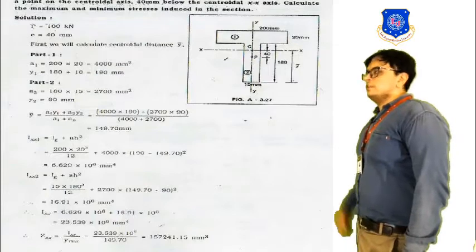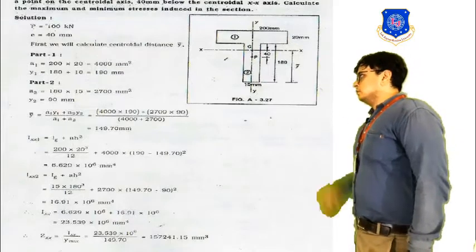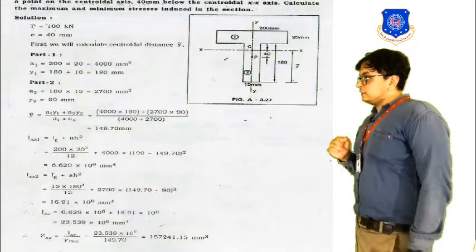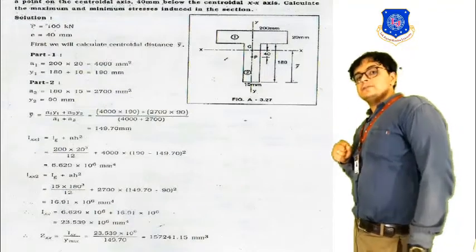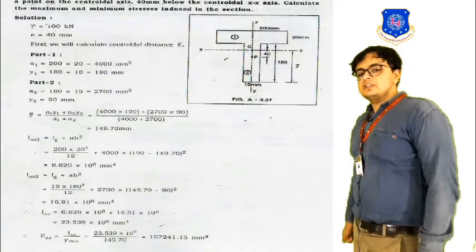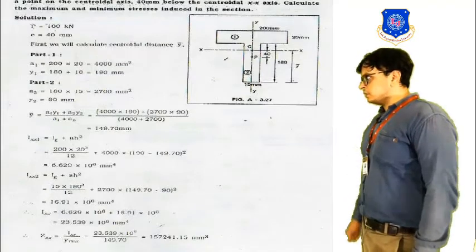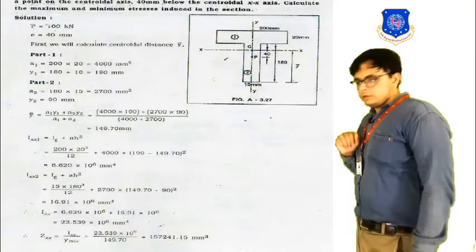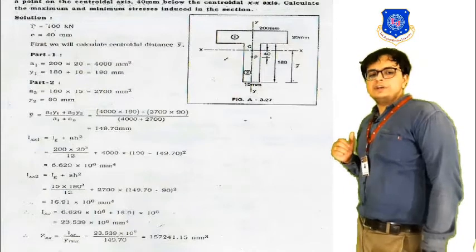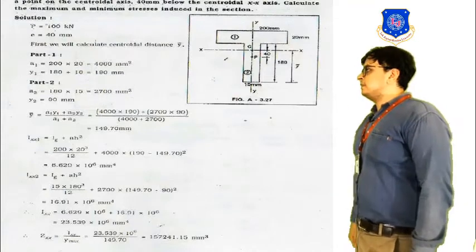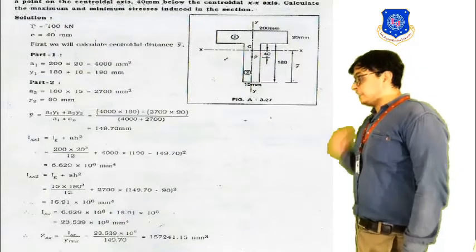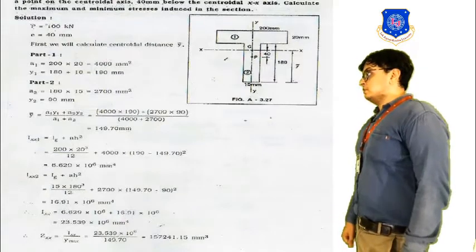We have found the moment of inertia of it, the centroid of the overall section, that is y bar, and the section modulus of it. The section modulus we are getting is 15724.15 millimeter raised to 3.